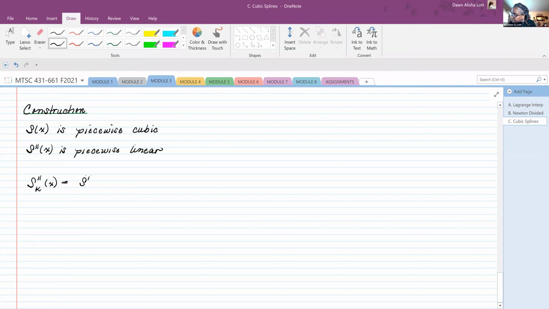So we need to find S_k'' of x_k, the second derivative at x_k, and now I need it to be linear.